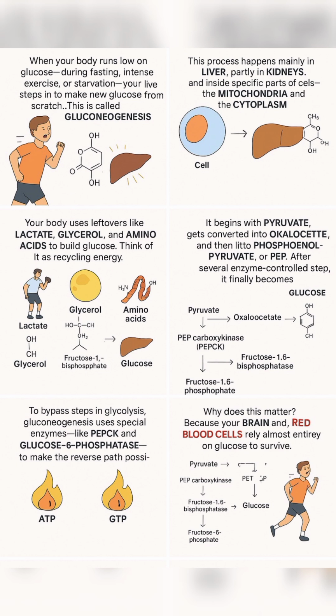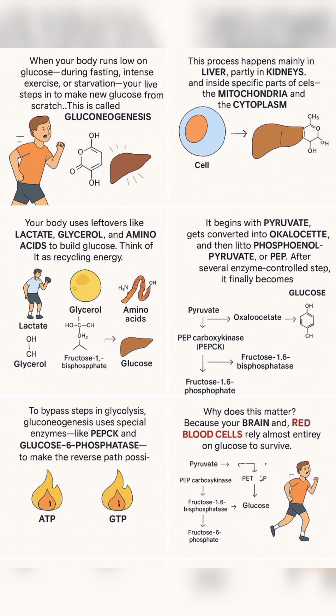What does our liver do? If it finds a substance from which it can make glucose, it could be glycerol, it could be amino acids, right? Even pyruvate and lactate, all of these it collects from different peripheral tissues, and after collecting, our liver starts gluconeogenesis.